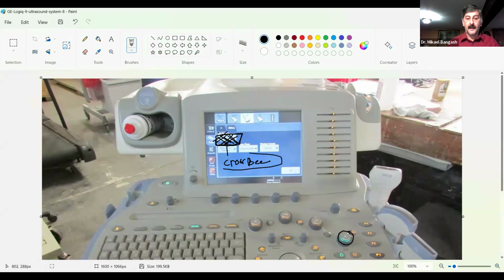That is how you can turn spatial compounding on or off. Is that clear?